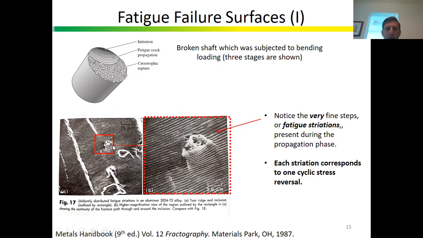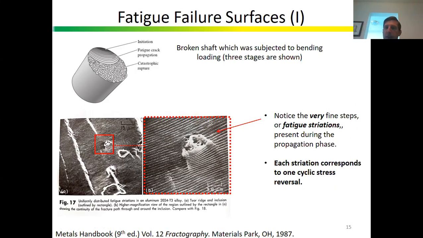And we're going to blow up a region near this feature here, this little hump or ridge. We start to see these really fine ridges. We call them striations. For every load cycle, the crack is jumping forward a tiny, tiny amount, right? So as we keep cycling, the crack is moving into the part very, very slowly.